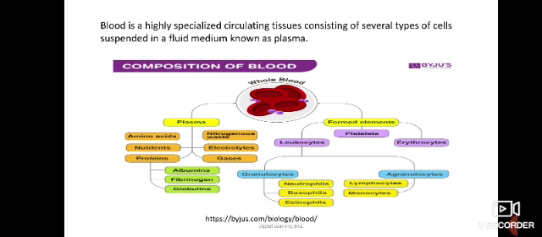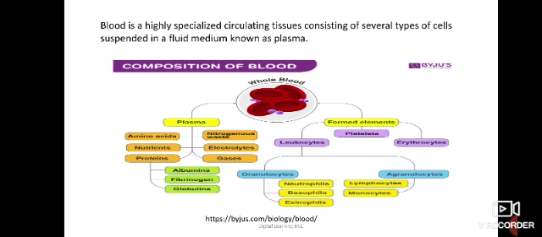Plasma contains amino acids, nutrients such as proteins, albumins, fibrinogen and globulins, nitrogenous waste materials, some electrolytes and dissolved gases like oxygen and carbon dioxide. The formed elements in the blood are the blood cells, RBCs and WBCs, and also platelets.